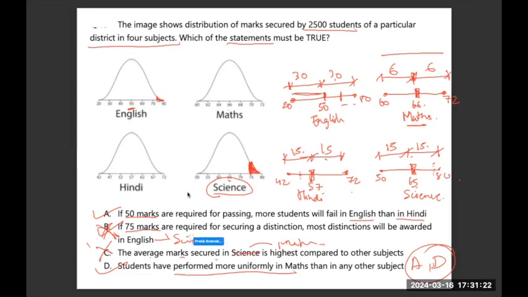That's where I made this small mistake. Ideally, when you look at this diagram and shade the portion, you get the number of students, which means that science has more compared to English. So science is the place where you will be getting more distinctions. Okay.